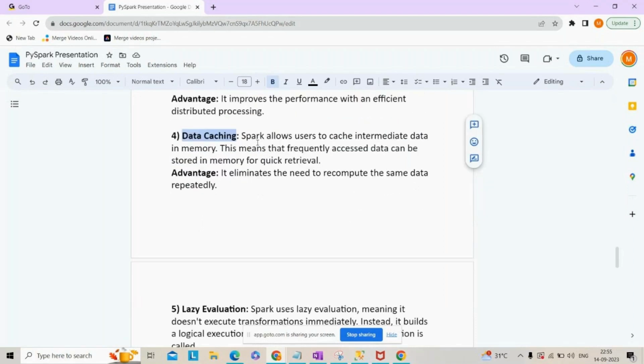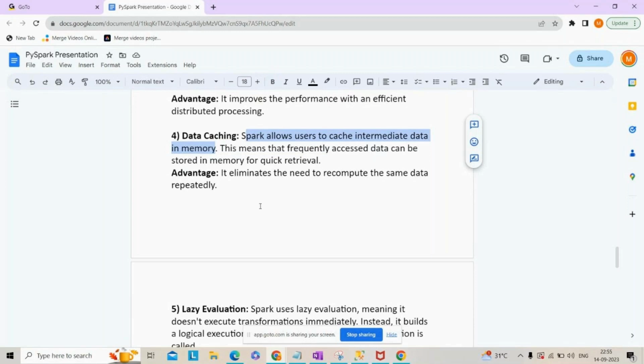Data caching. Spark allows user to cache intermediate data in memory. It means the frequently accessed data can be stored in memory for quick retrieval.